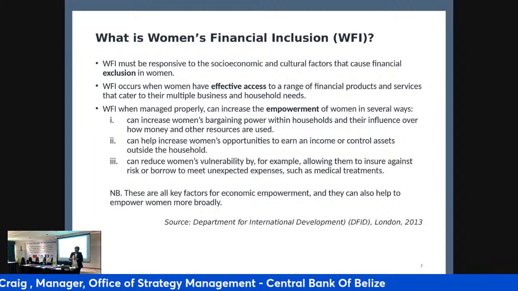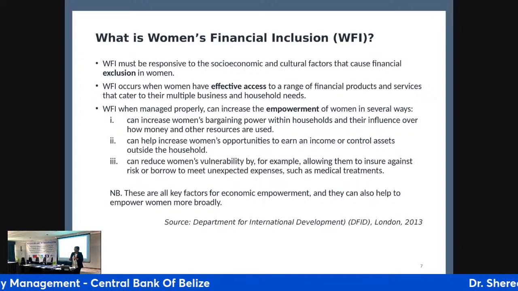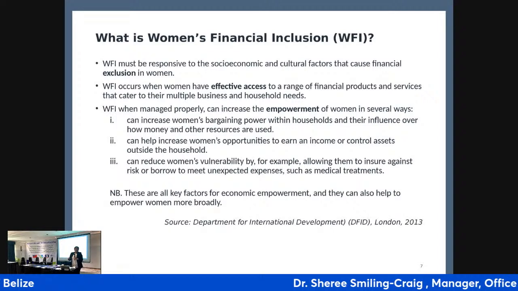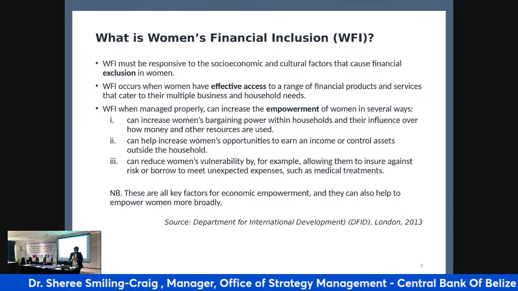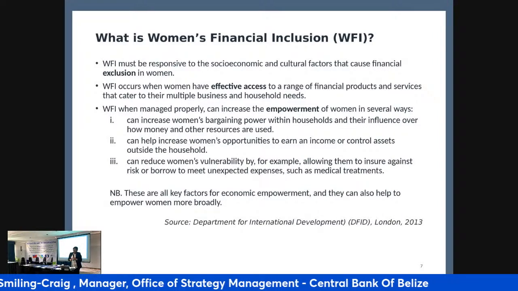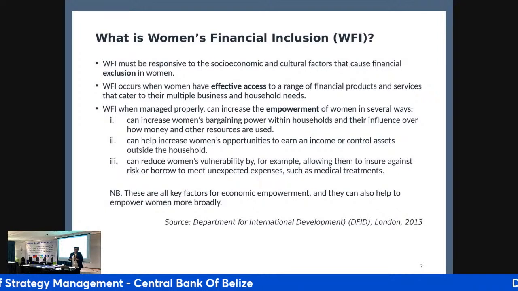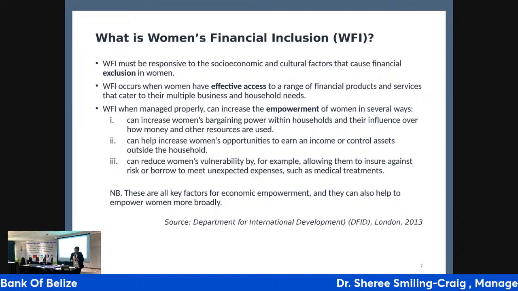If you have money to use how you need to, to invest in yourselves and your household's needs, then you feel empowered to take on the world. So that's very important. But we know that women's empowerment can be manifested in several different areas.